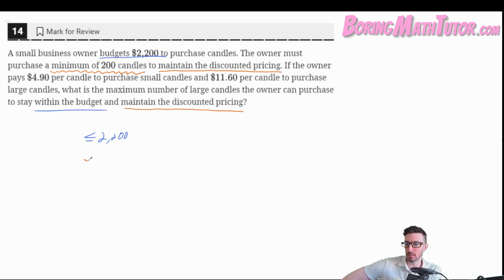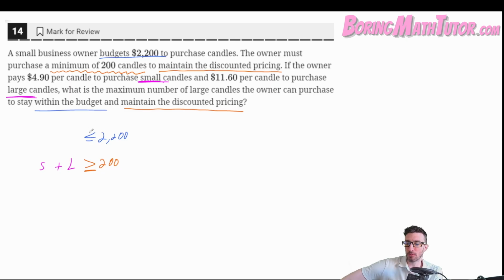Well, what do we have? We have small candles and we have large candles. So if I call the small candles S and the large candles L, that means S plus L has to be greater than 200. Now, actually, there's a mistake here. Greater than or equal to 200, because it's a minimum of 200, so he could do 200, but he could also do more.